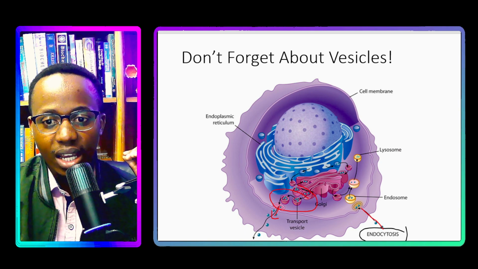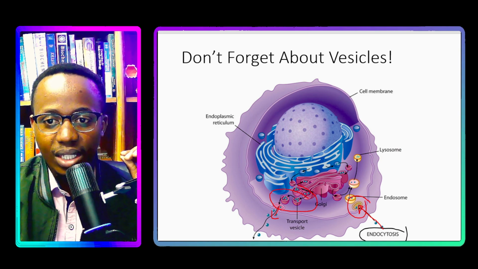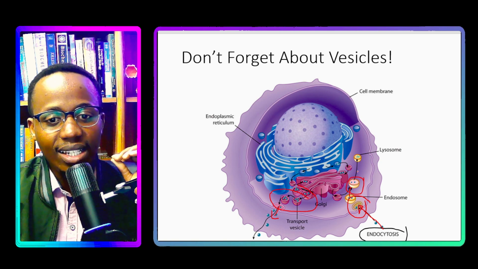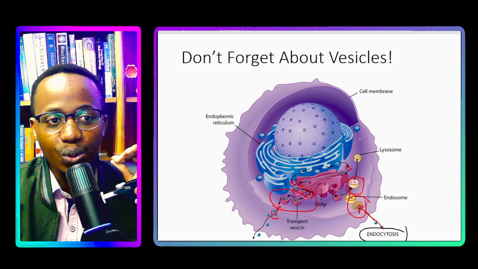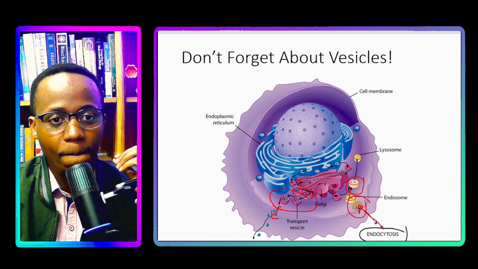You bring something in here, instead of just going through, it goes at the border of the cell membrane. We make a vesicle, and then it goes inside and forms a vesicle like that, right? So this is another way the cell uses to transport things in and out of the cell.